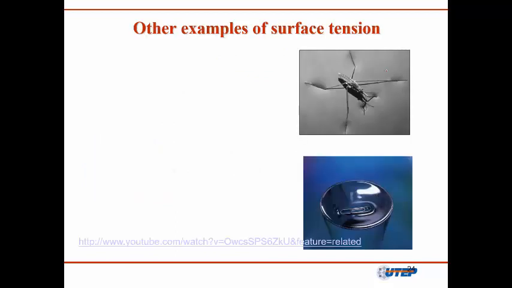Also, that is what prevents a mosquito from drowning. And so whenever you overcome the surface tension, that's when you sink. So this paper clip here, if I put it like this, it'll sink because I am increasing the pressure, and pressure is the force divided by area, or the weight divided by area.